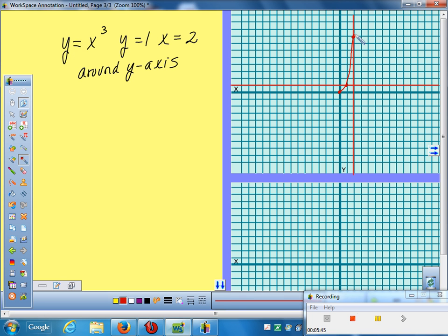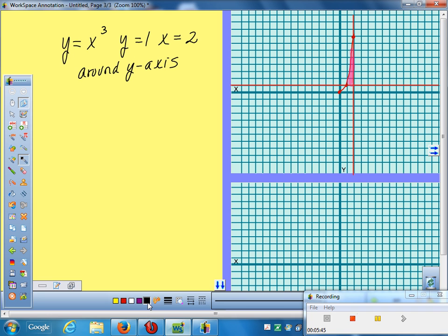I think we found our region. You could draw the bottom of the parabola if you want to, just for practice and good fun, but not going to let me get in there that soon. So, okay. So that's my little area, and I'm going around the y-axis.